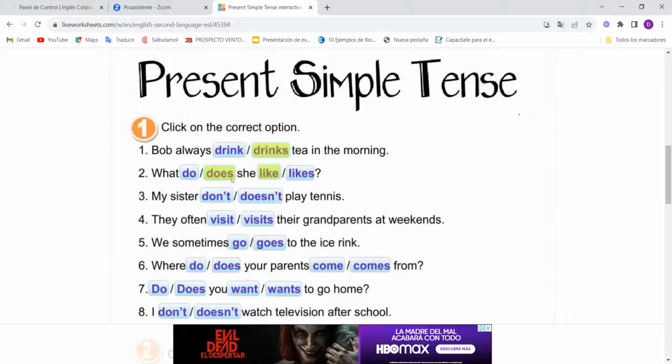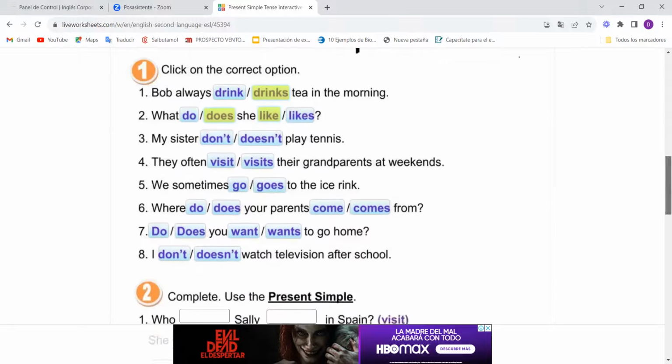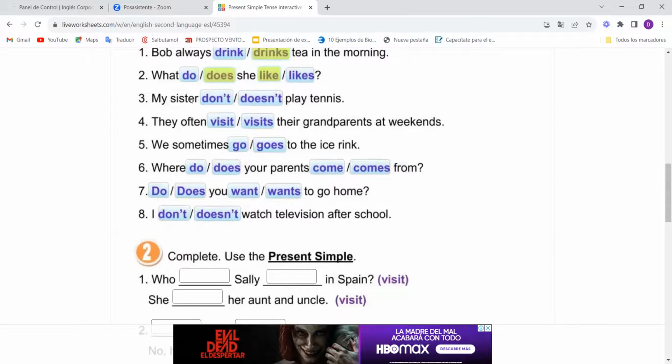That's correct. What does she like? That's correct. Number 2, it's correct. Ok. El verbo no se le agregaba la S. My sister doesn't play tennis. Doesn't, ¿verdad? Y la número 4, Emma.